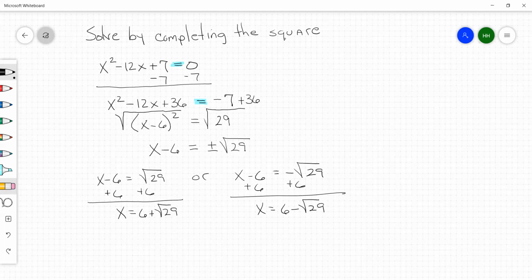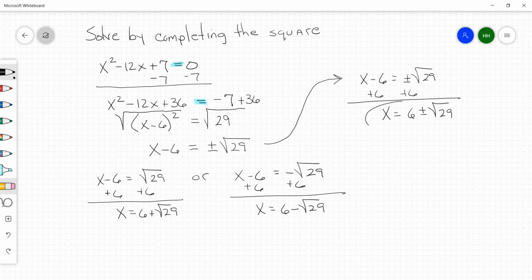And actually, moving forward, you can take this. If you got x minus 6 equals positive or negative radical 29, and you want to add 6 to each side right here, x would be equal to 6 plus or minus square root of 29.